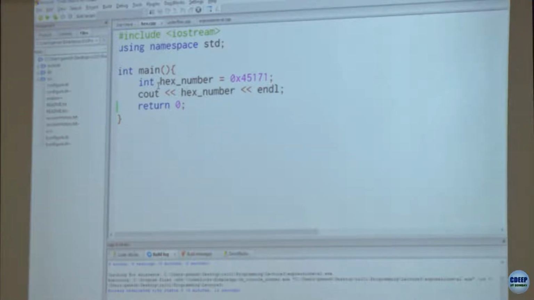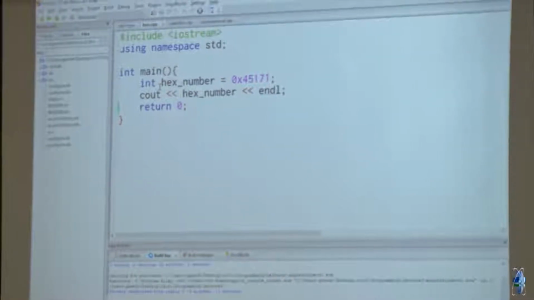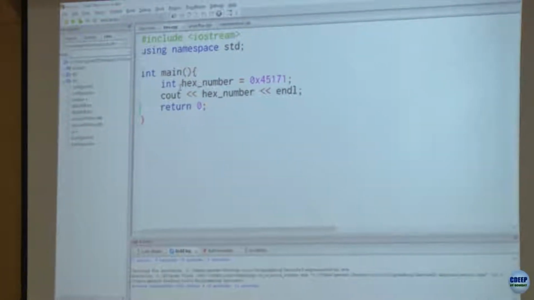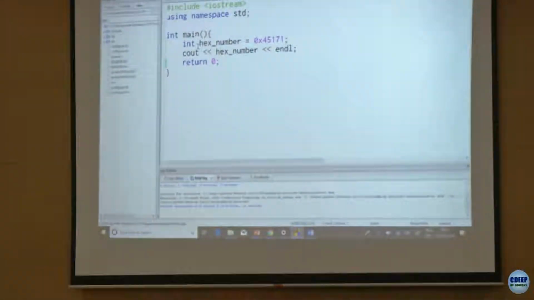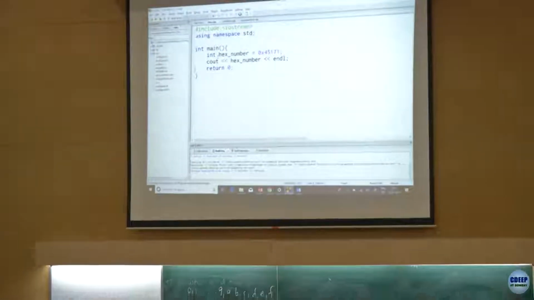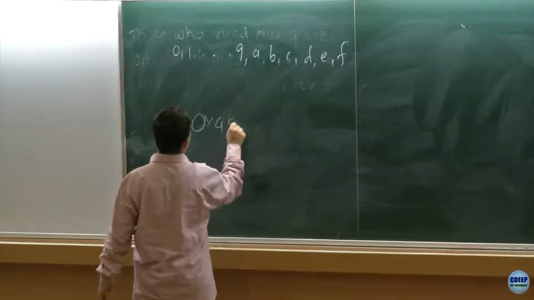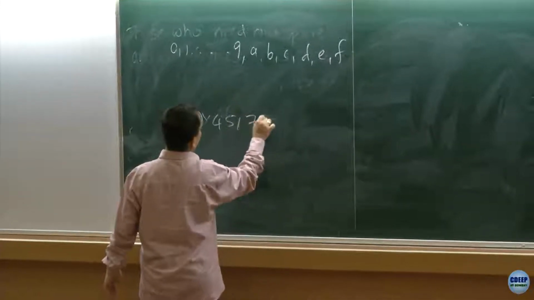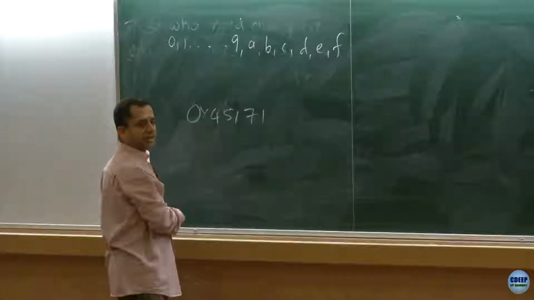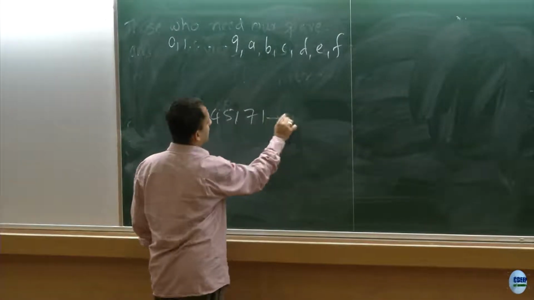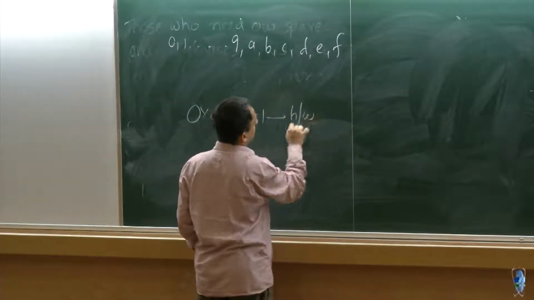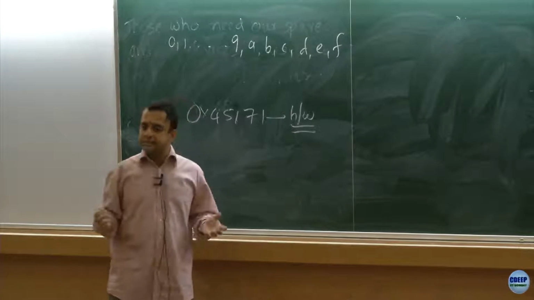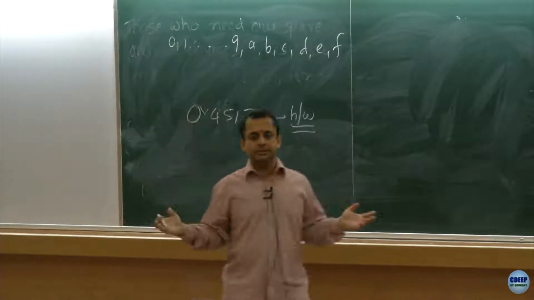What happens at the level of the hardware is that 0x45171 is stored as a sequence of bits. Because there are three things happening here. So 0x45171 that you see on the screen or the console will be represented in hardware as bits, right?